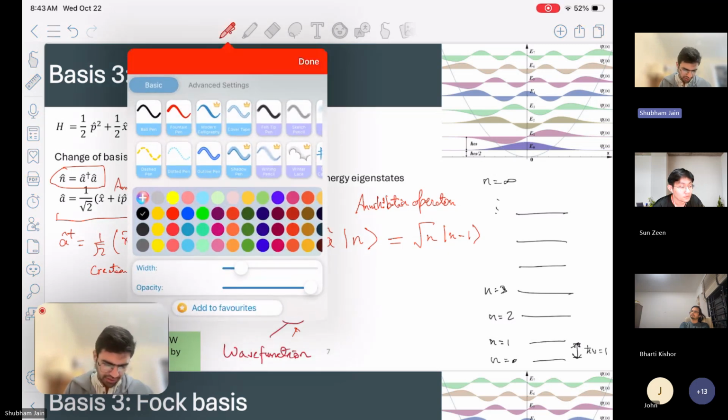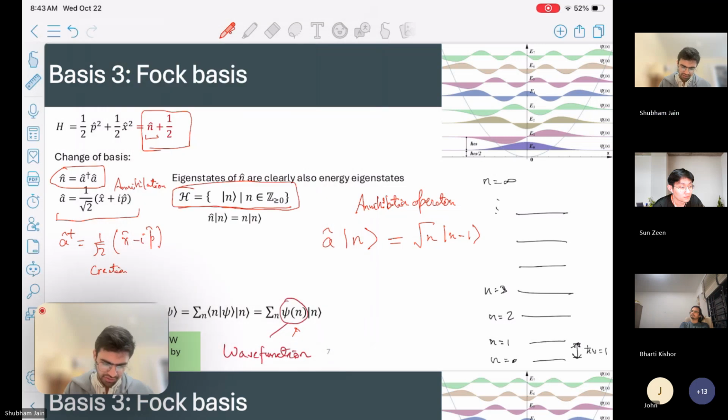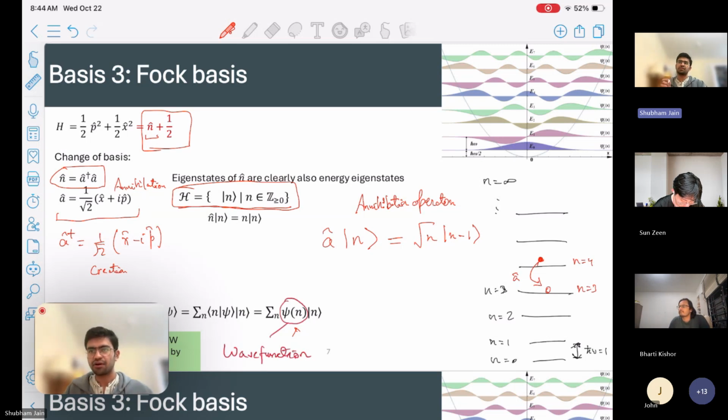And if you want to visualize the action of this annihilation operator, imagine you were in some state n here, like n equals 4. When we act by an annihilation operator, you just get down here to n equals 3 with some coefficient, which is this square root n, or square root 4 in this case. So it just brings you down one level in this ladder in your Hilbert space.